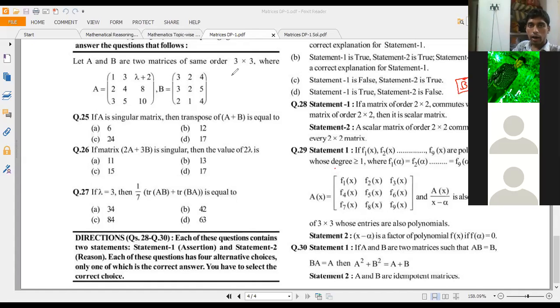We are saying A is some arbitrary matrix, and if B is commuting with any arbitrary matrix A, then that proves that B is scalar. Whether it is possible that A is not scalar, B is not scalar, but AB is scalar.